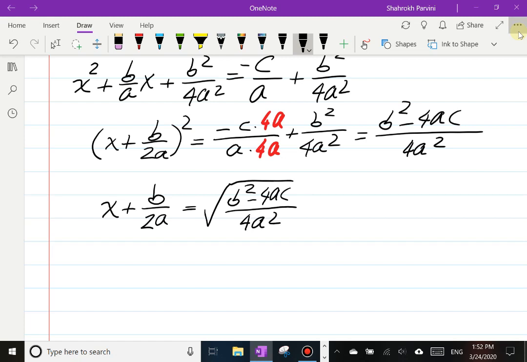If you recall, anytime we take the square root, we're going to have a plus or minus. So this is going to be plus or minus that.